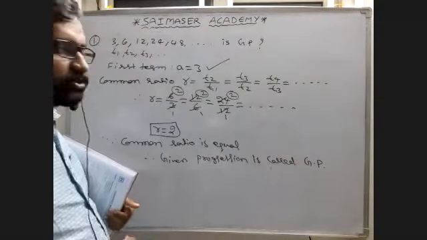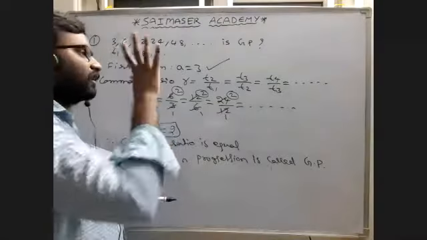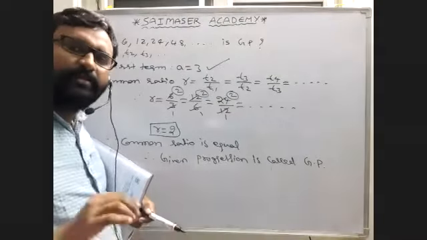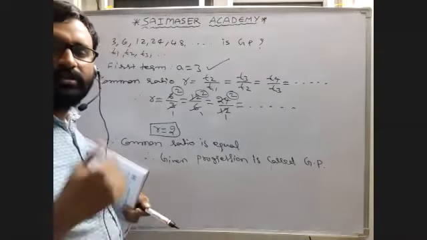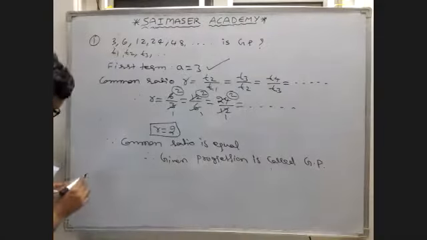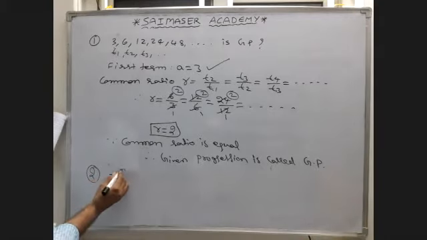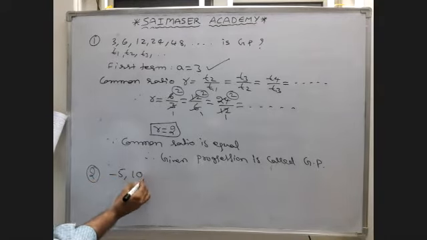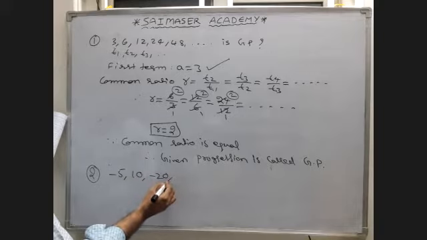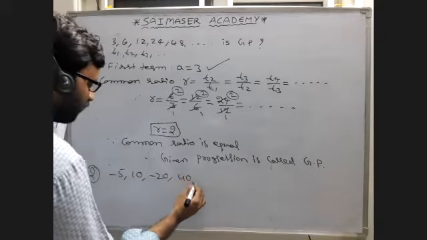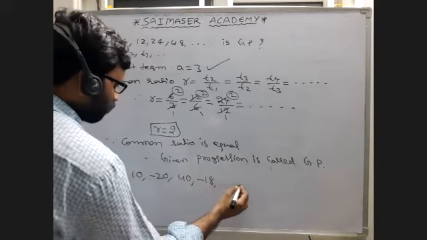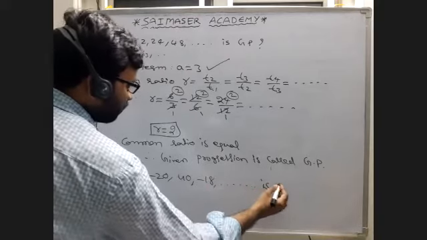This is only to find whether the given progression is GP or not. This is only the checking process. One more example for homework: the numbers -5, 10, -20, 40, -80, and so on, is it a GP?